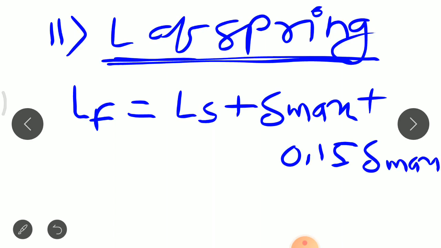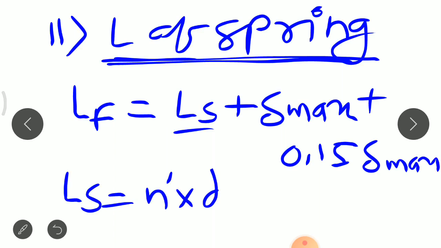But we don't know the value of solid length, and the formula for solid length is equal to n dash multiply by d. Here we know the value of d.